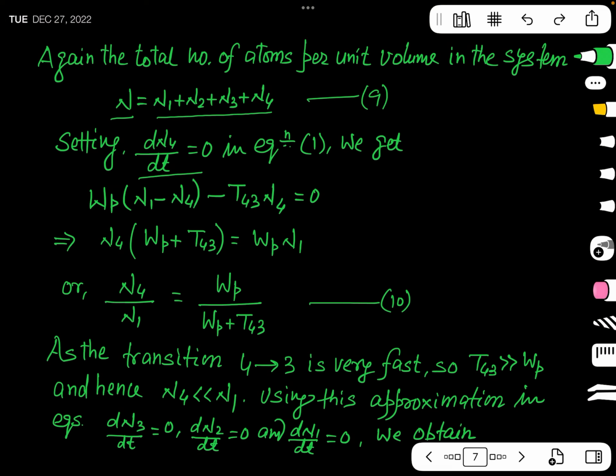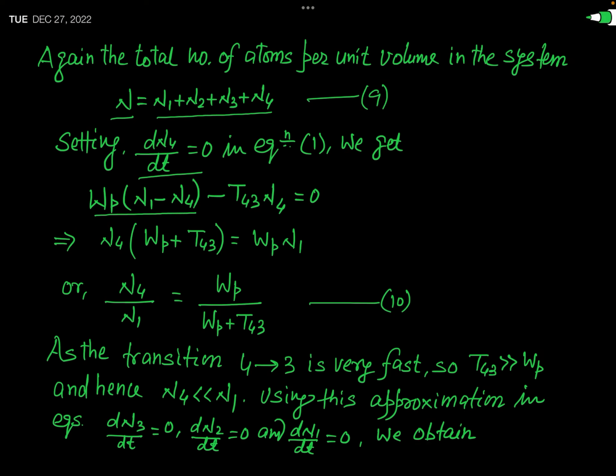In equation 1 there was dN4 by dt equal to Wp into N1 minus N4, minus T43 N4, and now dN4 by dt is 0, so this will be equal to 0. Now arrange the terms: N4 times Wp plus T43 is equal to Wp N1. So from here you can see that N4 by N1 is equal to Wp over Wp plus T43.